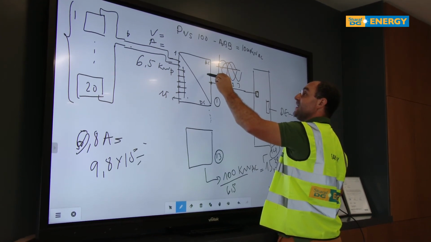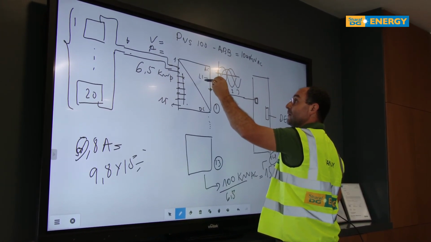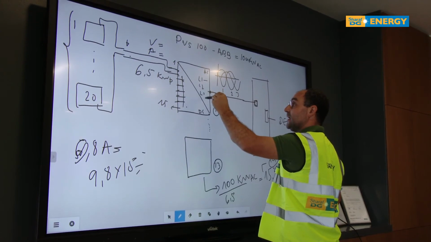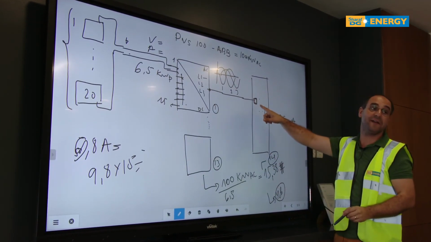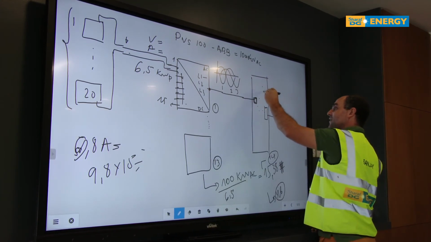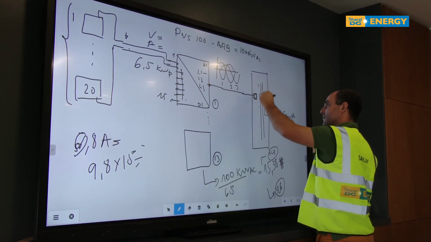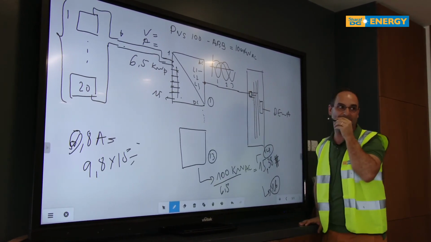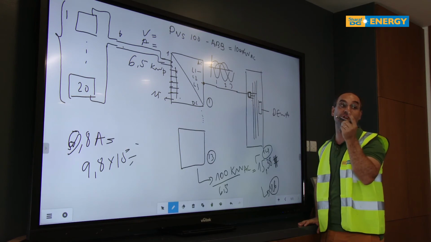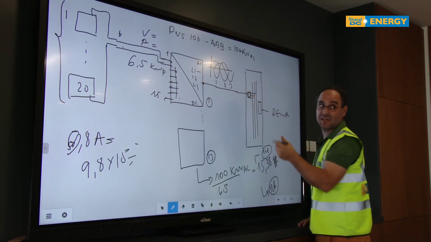Then we have an outgoing here, L1, L2, and L3, going into your cable, sectioning here on a breaker. And here we have another bus bar: phase 1, phase 2, phase 3. You could have one more neutral, but these inverters are 3-pole only.